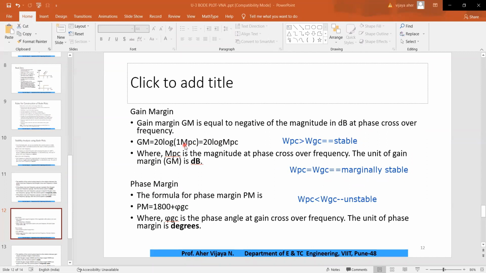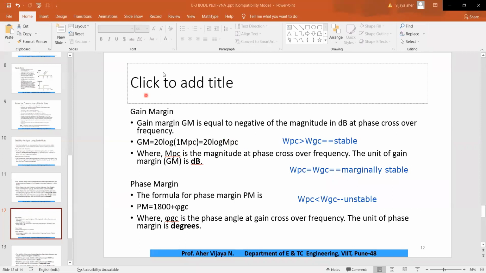M is the magnitude in dB at phase crossover frequency. So this is the equation for gain margin, 20 log of MPC, that is nothing but the magnitude at phase crossover frequency. That value you have to take over here, you will get the gain margin.